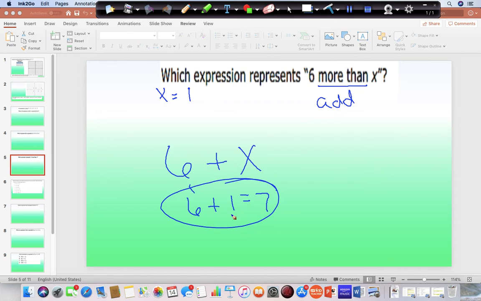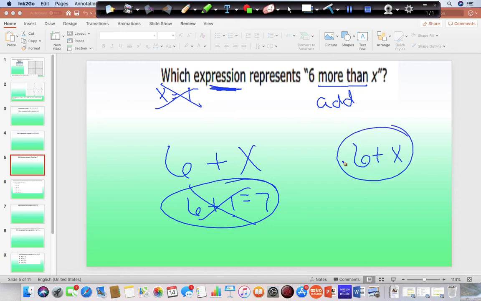But it didn't ask for that information. It just said which expression, okay, which means there is no equal sign. That would be an equation, not an expression. An expression is just a number, an operation, and a variable. So 6 plus x is our answer here.